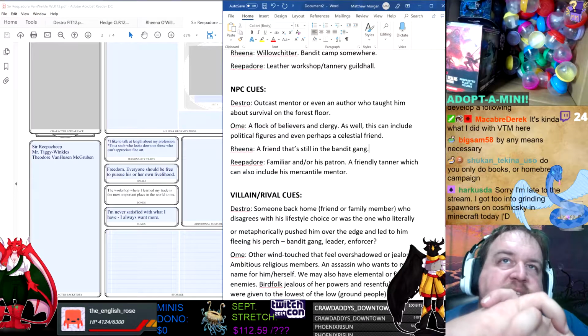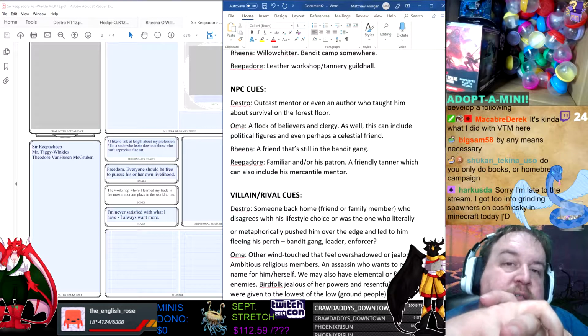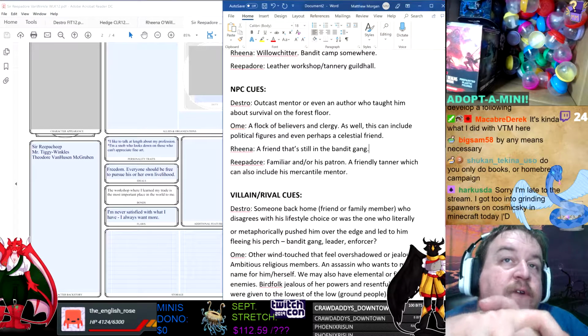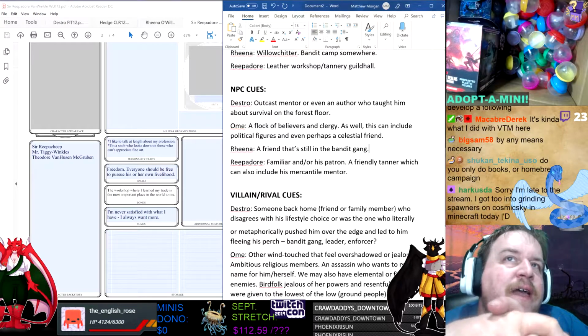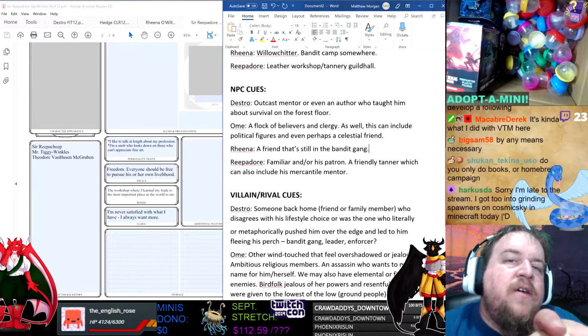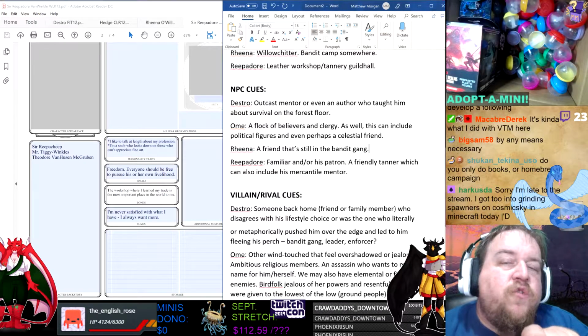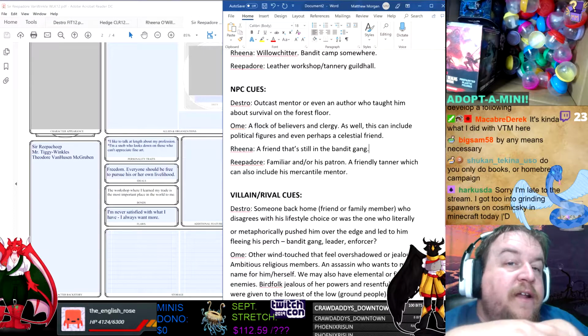And this same person doesn't know offhand that Destro and Rena know each other. However, this friend of Rena's knows that she's the one who pushed this Corvum out of a tree. And a Corvum that has a striking resemblance to the one that's here. And so we have an NPC who inadvertently can create excellent moments of tension, especially with Rena.